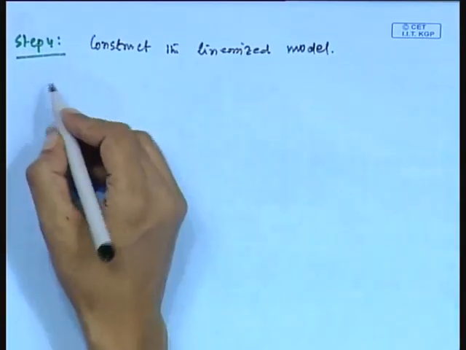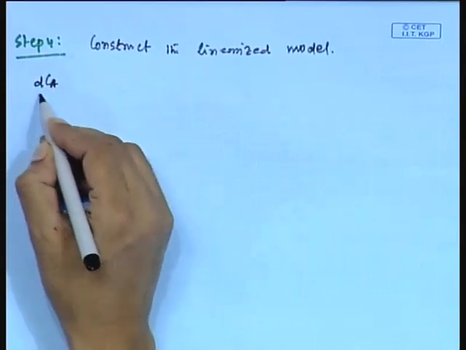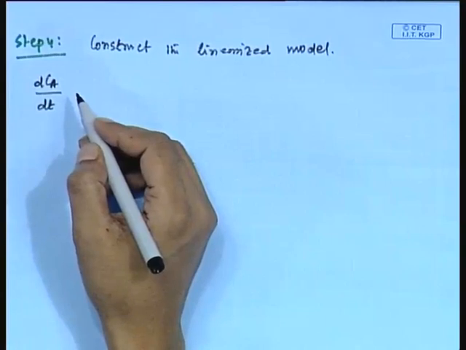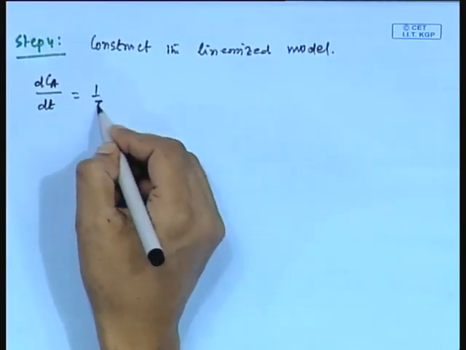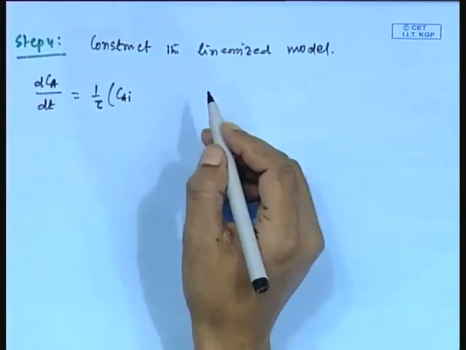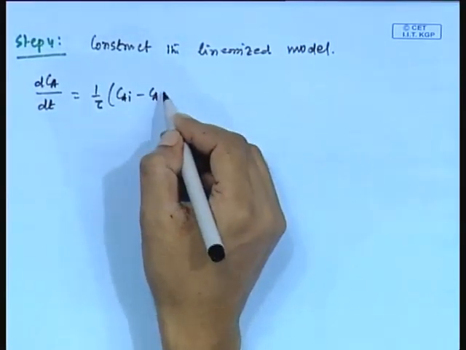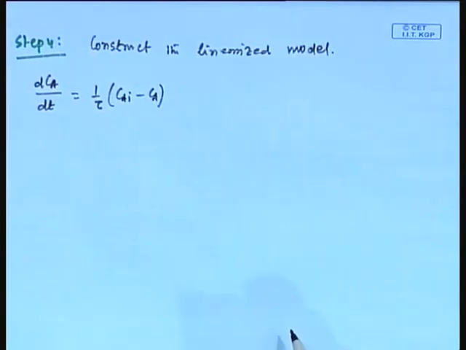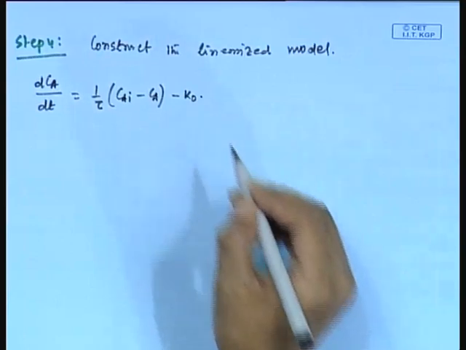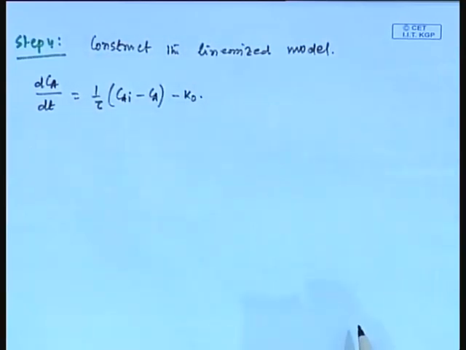In step 4, we will construct the linearized model. So, for the case of concentration, we will get this equation dCA/dt. First right hand term is 1 by tau (CAi minus CA). Fine. Next term is k naught multiplied by the nonlinear term.